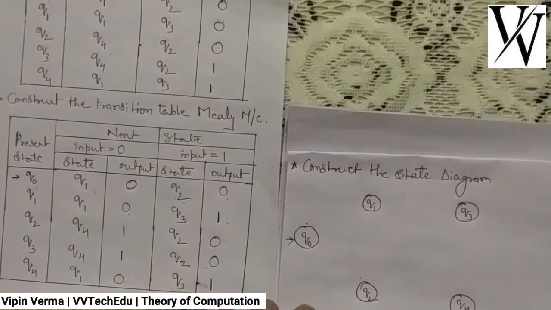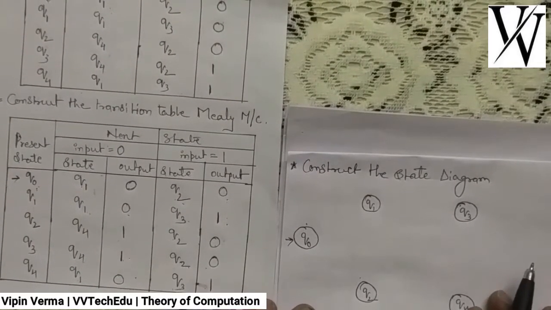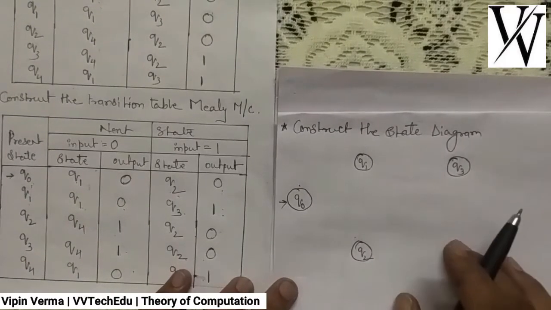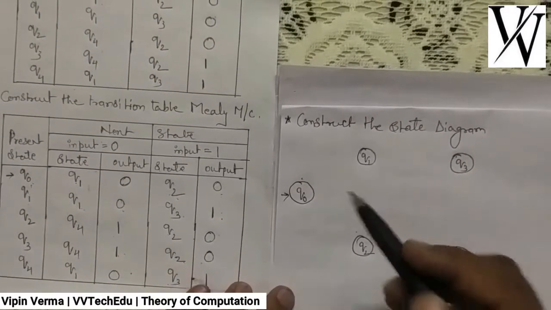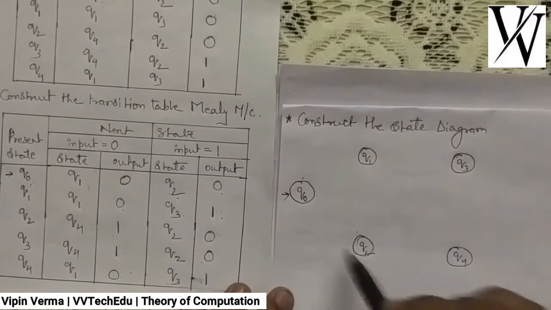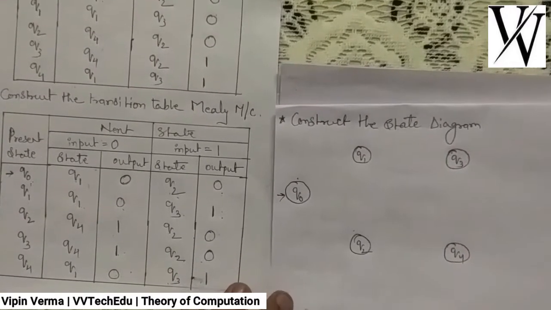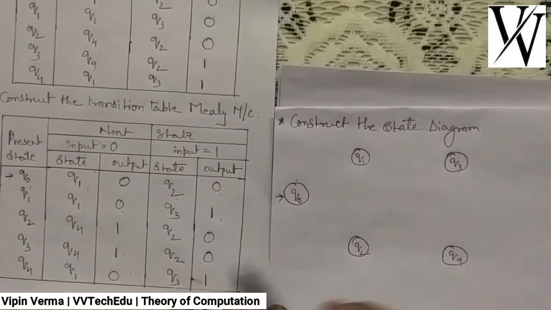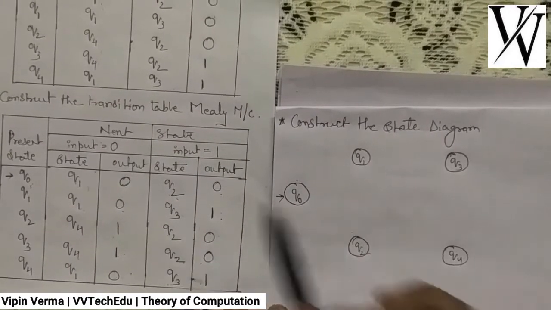So these are the 5 states we have in this diagram. Okay. Now we just need to complete the transitions over this diagram. For this we just need to refer to this table of the Mealy machine. So actually we are converting this table to the diagram.